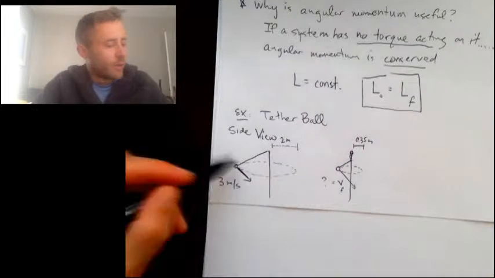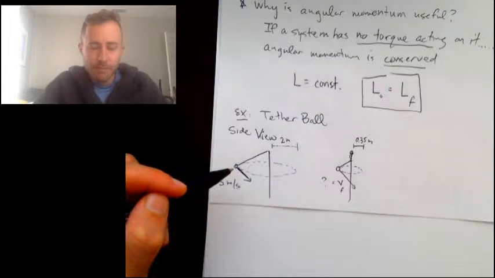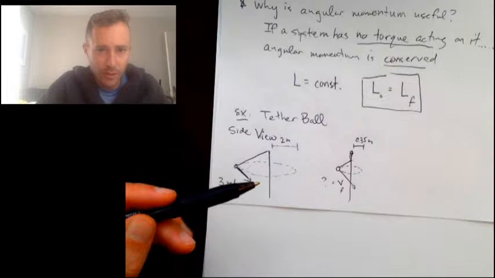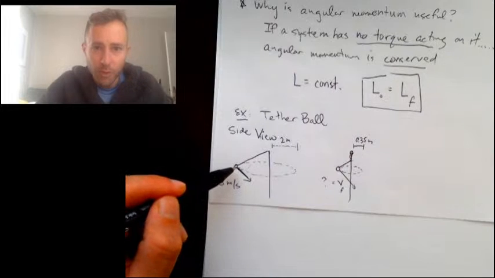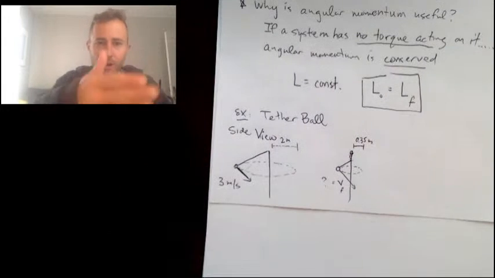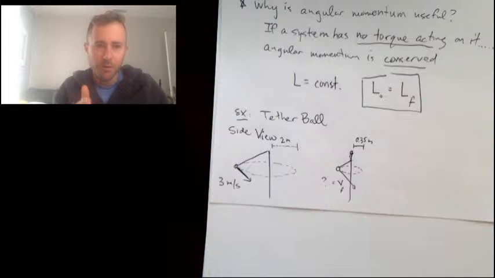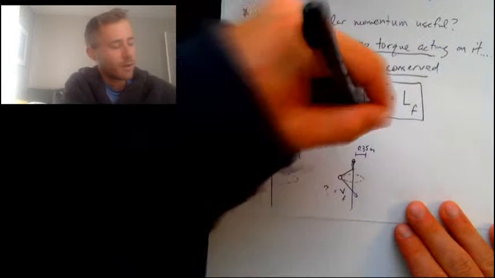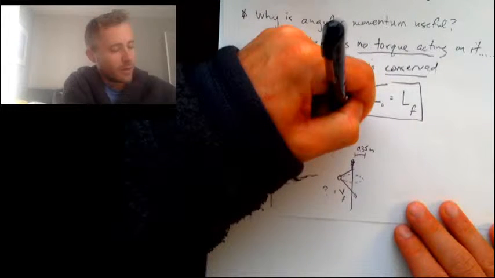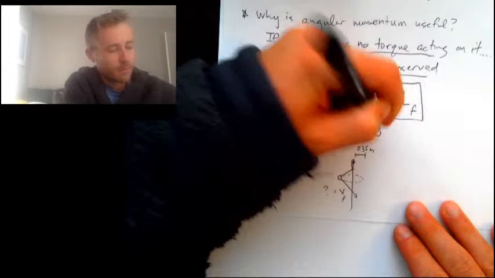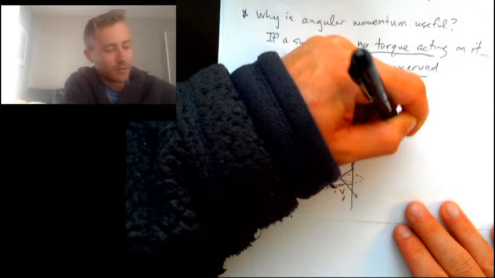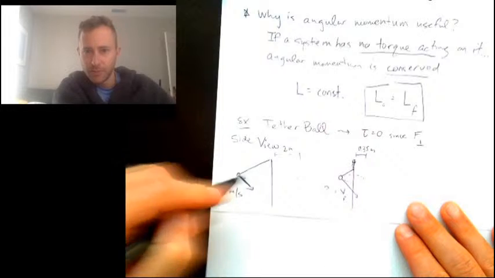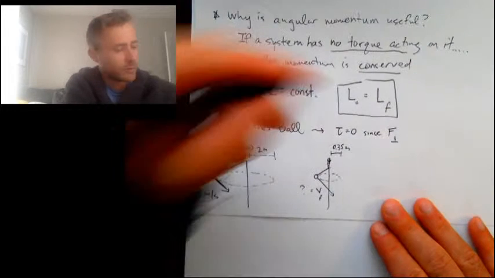So the rope can't exert any torque on the tetherball. Why is that? It's because the rope is pulling parallel to R. So remember, the formula for torque is F perpendicular times R. So in a tetherball game, we have no torque, since the perpendicular component of the tension from this rope is equal to 0.